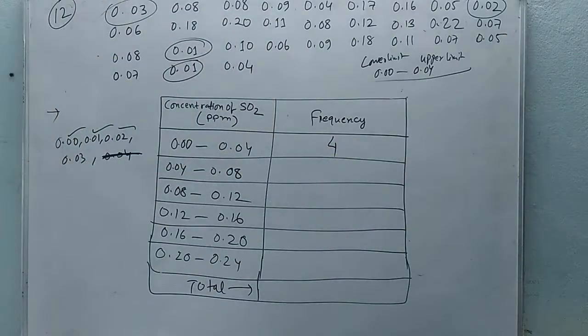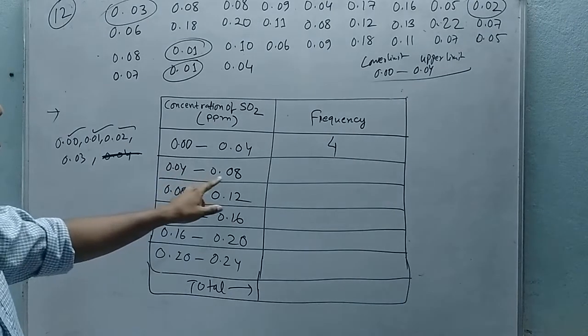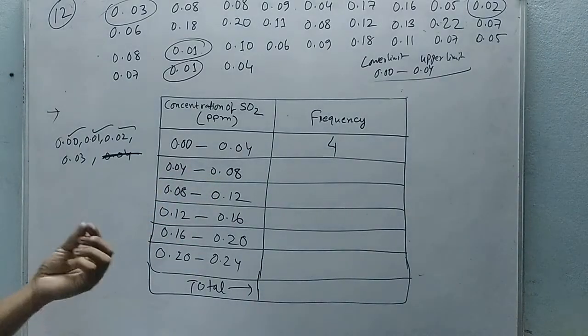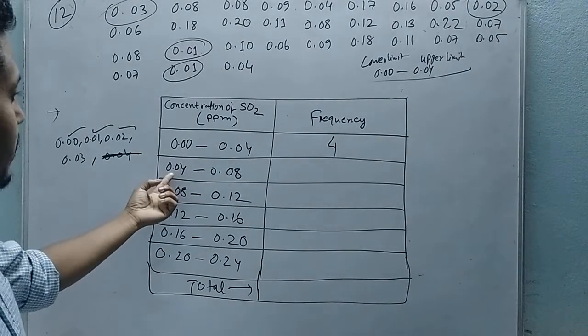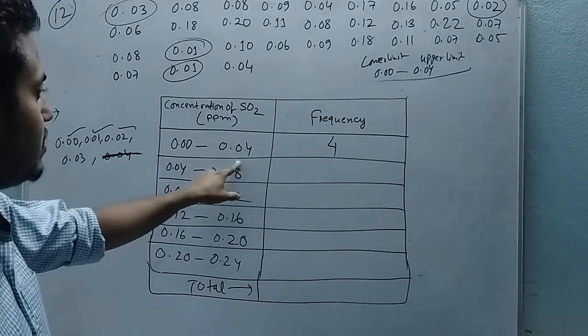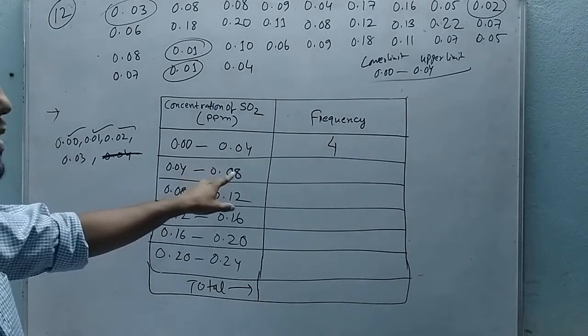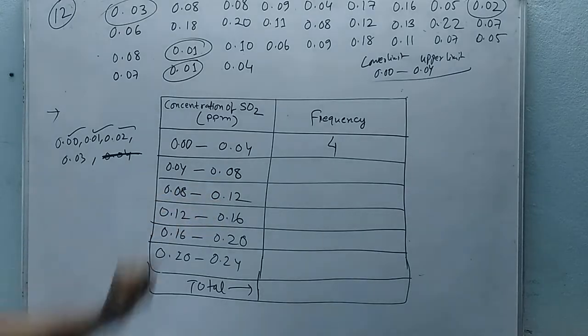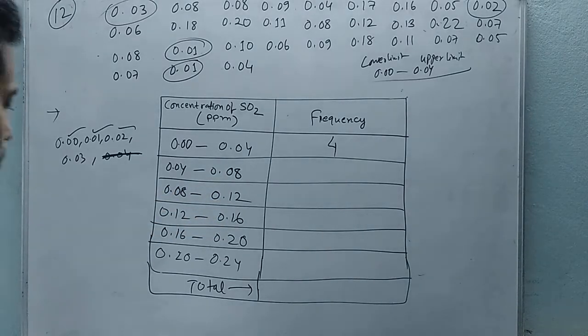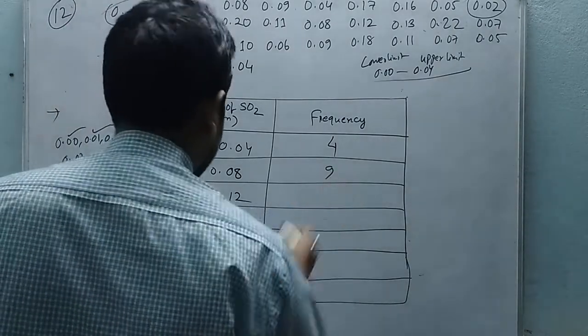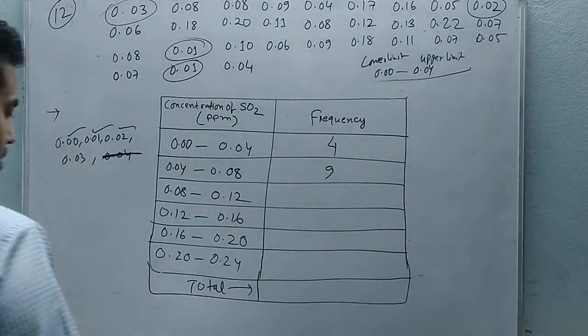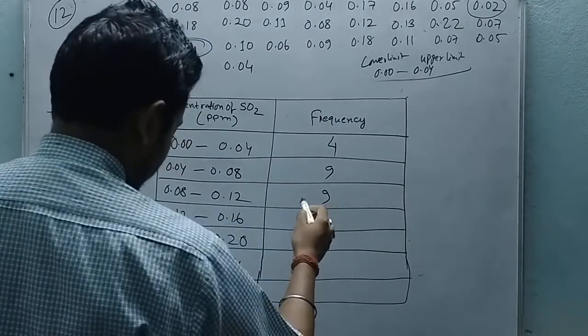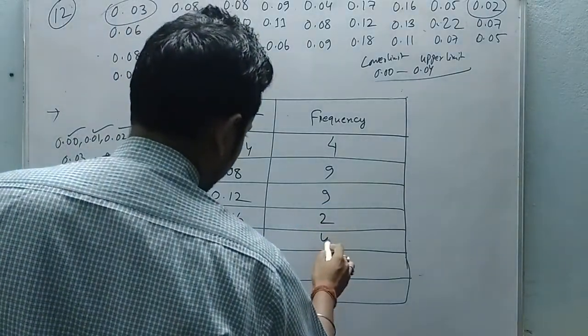Right? 4. Okay? Now our next range is 0.04 to 0.08. Okay? So what I told you, pick all the numbers except this number. Don't count 0.08. Okay? So in this, you'll get how many numbers? 9. Then next will be 9. Next will be 2, 4, 2.